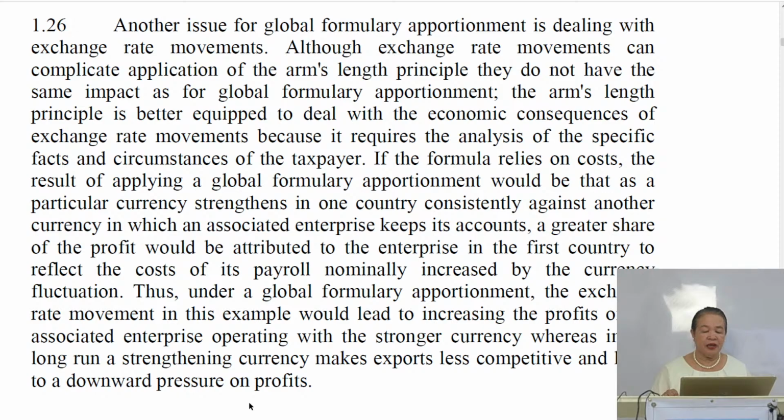If the formula relies on cost, the result of applying a global formulary apportionment would be that as a particular currency strengthens in one country, no? So consistently against another currency in which an associated enterprise keeps its accounts, no?